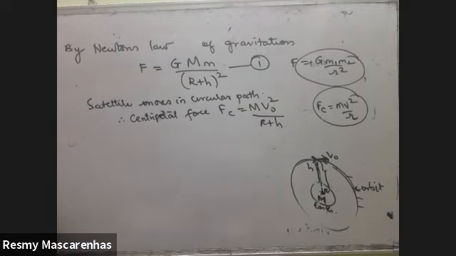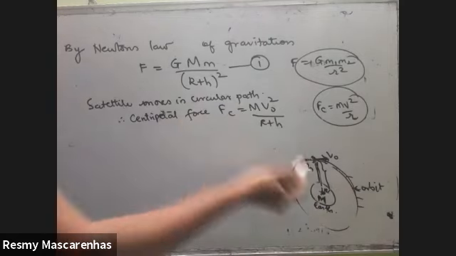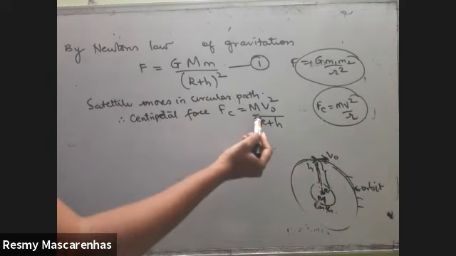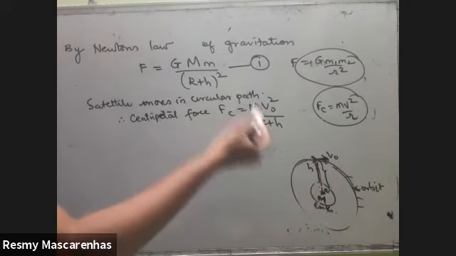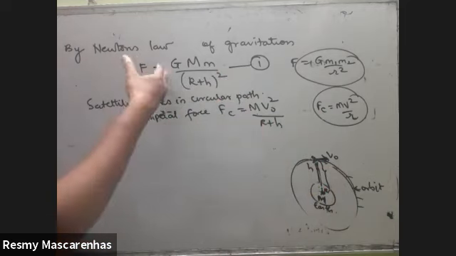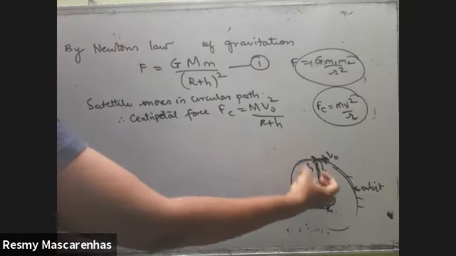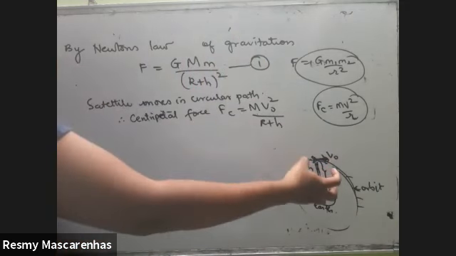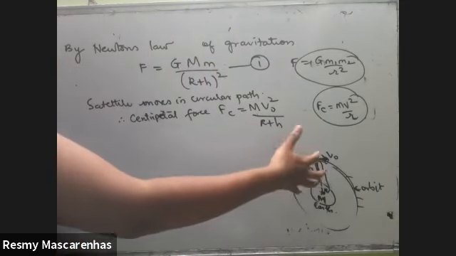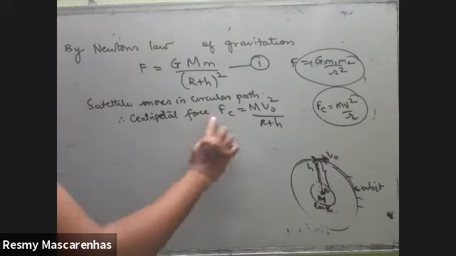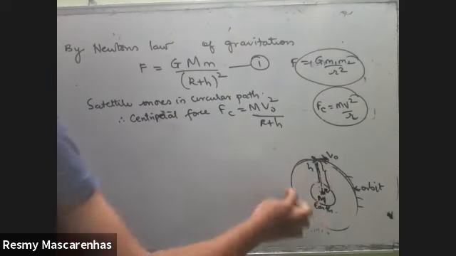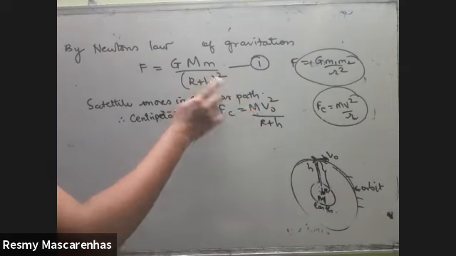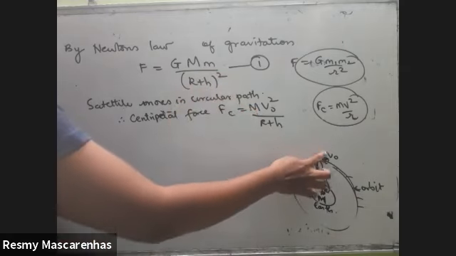Now when will this be attained? Whenever this force between them and this centripetal force are equal. Otherwise, if the force of attraction is more, then the satellite will fall. If the earth's gravitational attraction between the two bodies is so high compared to this centripetal force which is trying to keep it on track, if there is a disbalance between them, then it will never stay in the orbit.